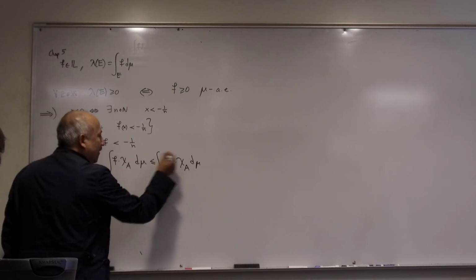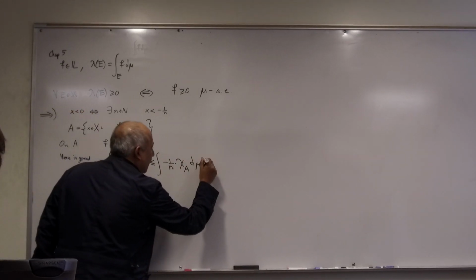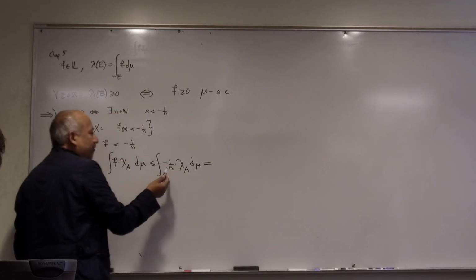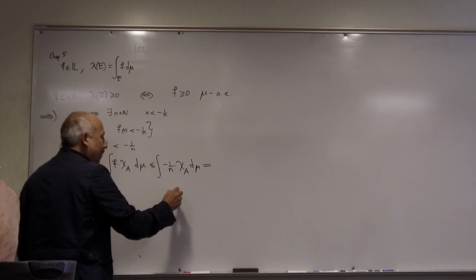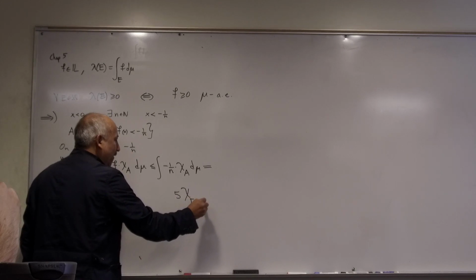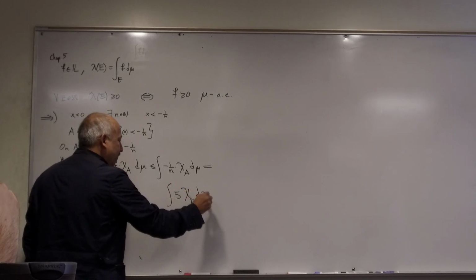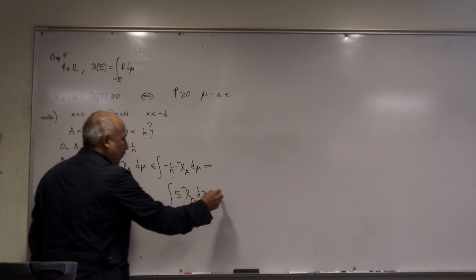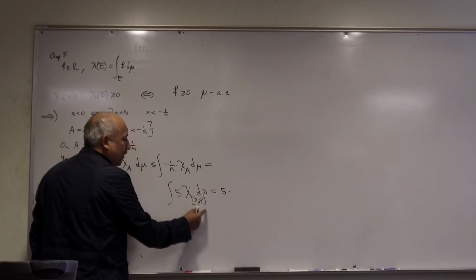This integral is very easy to do. This is a simple function, like a number. Imagine 5 times the characteristic function of the interval from 2 to 9. The integral is 5 times the length of the interval, or the measure.